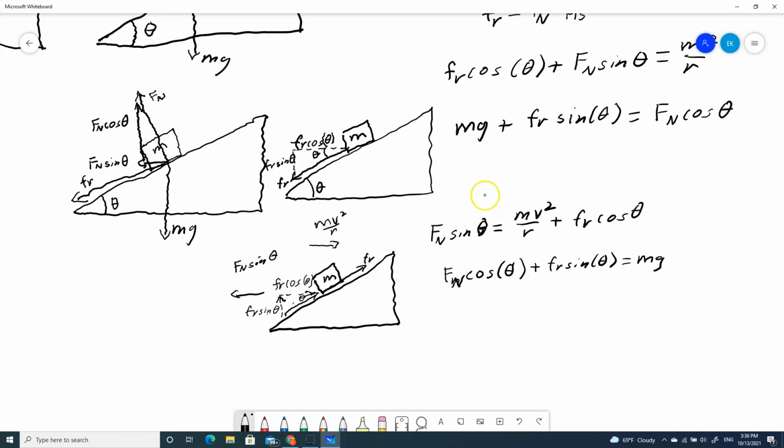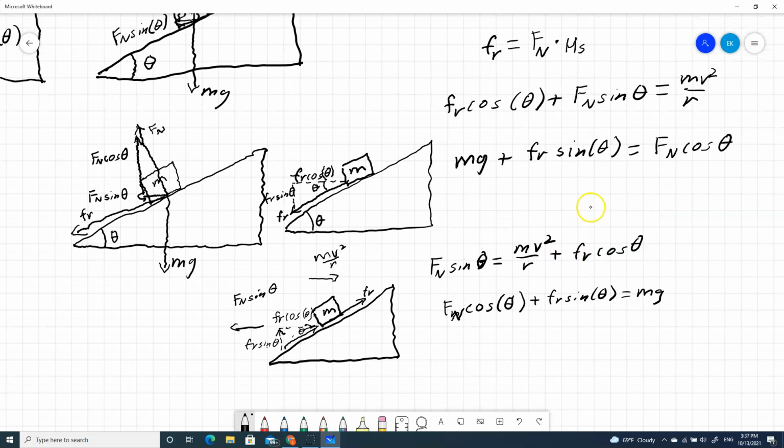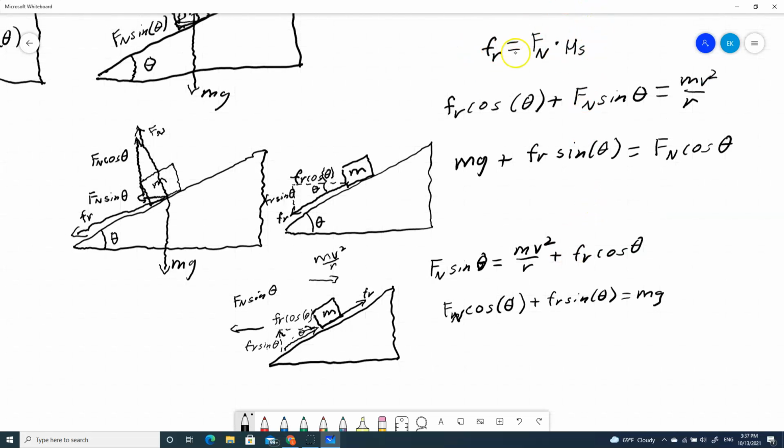And now we have the system of two equations, just like we had before when the object's moving too fast. And again, we can use it to find the v and find, therefore, the minimum velocity with which the object can travel on the plane without sliding down. And F_r in this case will also equal F_N times the coefficient of static friction.